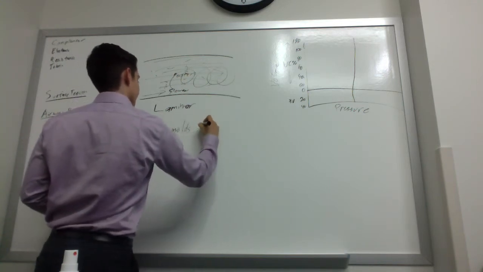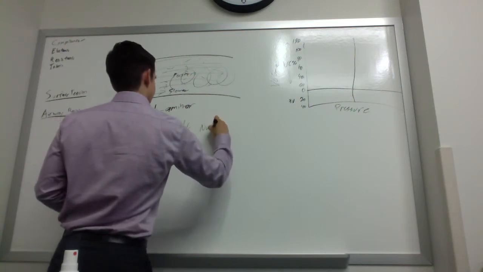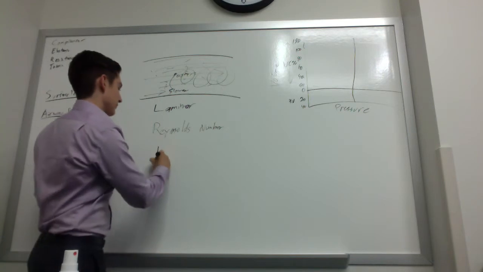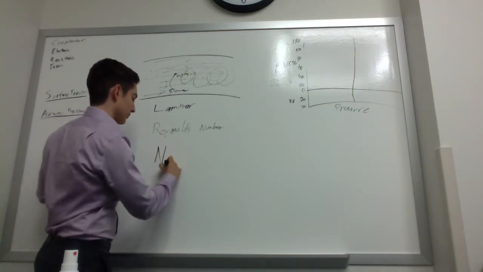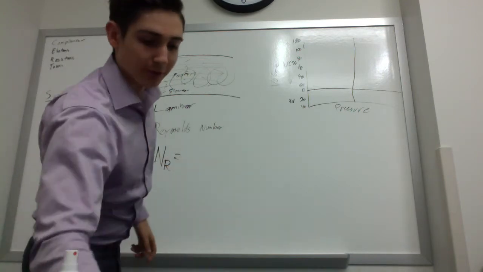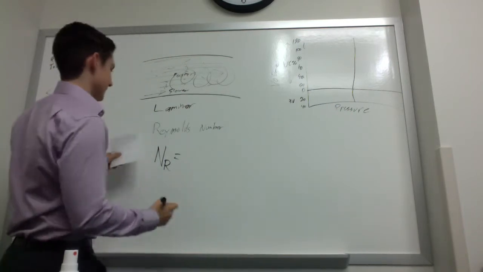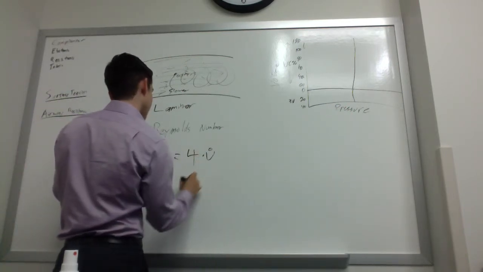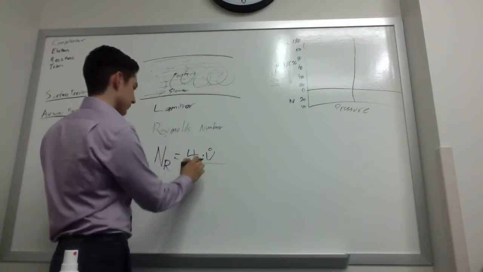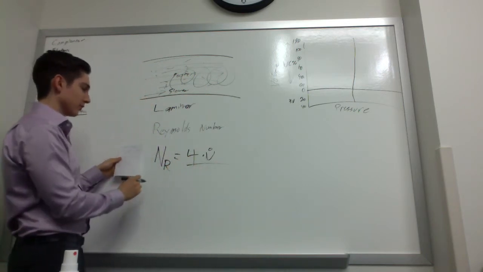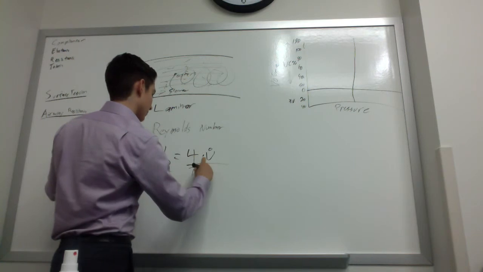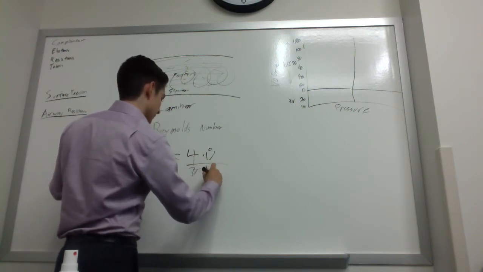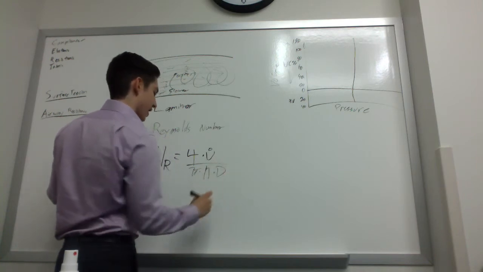The Reynolds number. He figured out that it's all proportional. I can't remember the formula, so I'm just going to write it down. It's 4 times the flow rate, so the faster the flow rate, the higher the number is going to be, over viscosity times diameter.